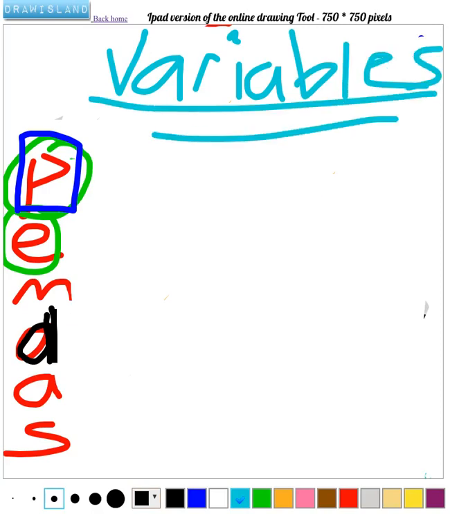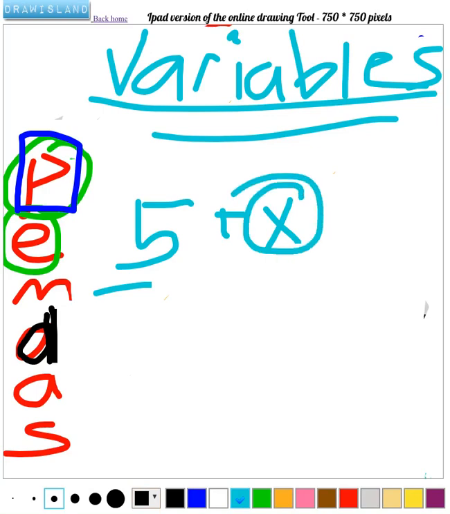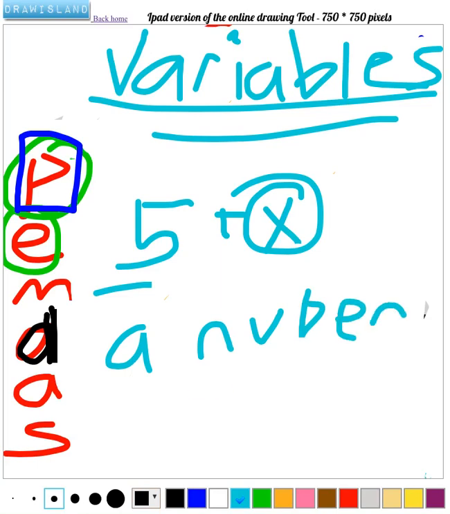Suppose you see in your equation it's like 5 plus, and then all of a sudden x. Is it 5 plus times? That doesn't make sense. X in this situation is a variable. It's a number that you don't know.